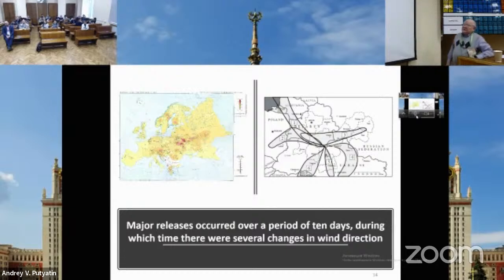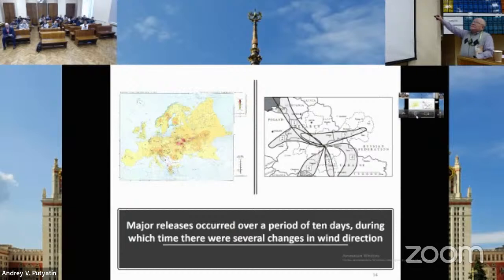So, major releases occurred over a period of 10 days, as opposed to the Kyshtym accident, where it was immediate. In the case of Chernobyl, the release lasted 10 days. During this time, there were several changes in wind direction. Here you can see the first plume.